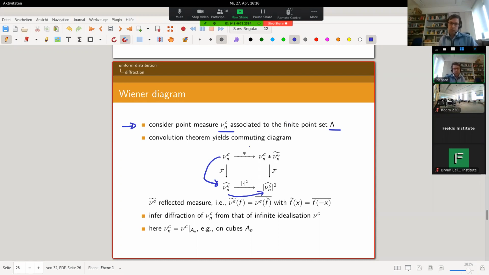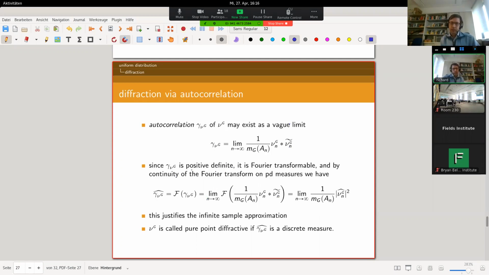But using a convolution theorem, you could also say, I could first look at the convolution of these measures and then do the Fourier transform, as it commutes. And then, of course, the idea is to infer the diffraction of this finite sample from that of the infinite idealization. And this is only well defined, as Daniel told, if you normalize appropriately.